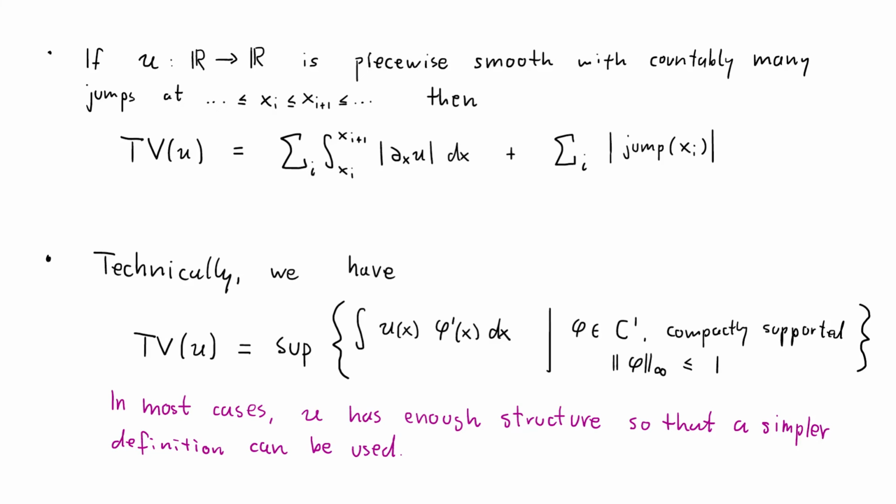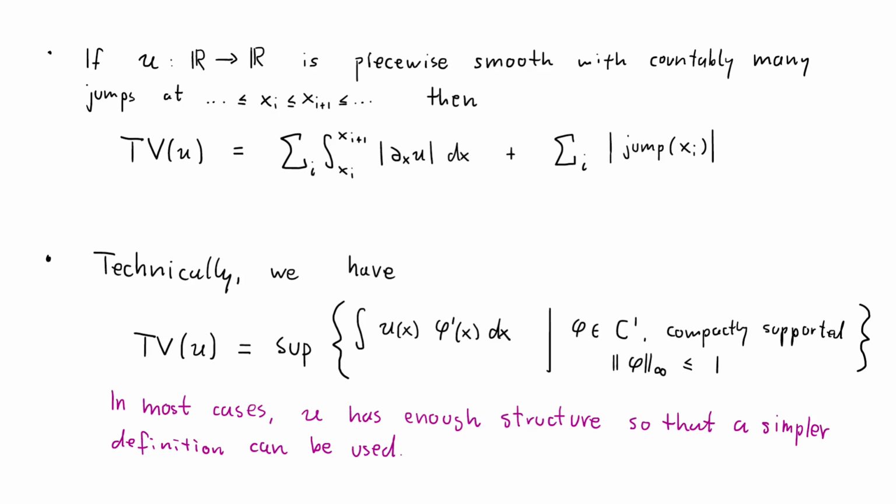Now, those are all just examples. Technically, we can define the total variation of any function u as follows. Provided that u is a locally integrable function, the total variation of u equals the supremum of all the integrals of u against derivatives of test functions phi, where phi is a C1 function, compactly supported, and has a maximum norm bounded by 1.